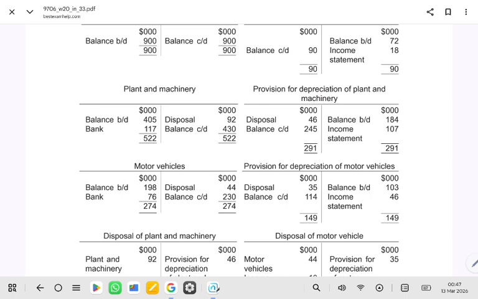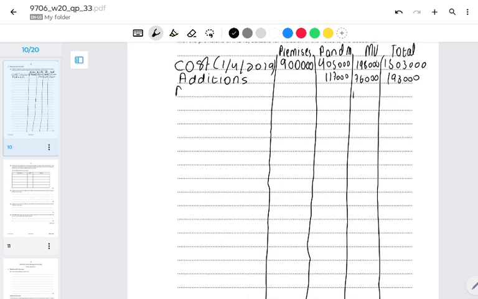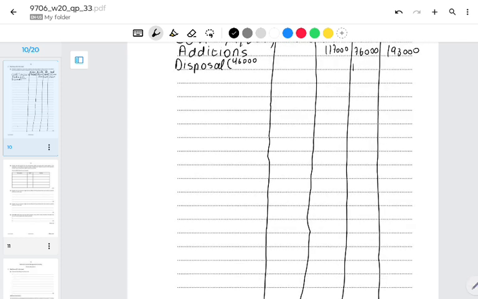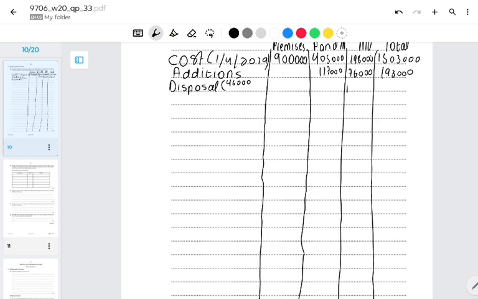On the depreciation of plant and machinery account, disposal has been given 46,000. So let me do the calculation here. We will write directly the total. I'm saying again, you can show the calculation here. 46,000, no sorry, it will be 92,000. Yes, we are doing it for cost.